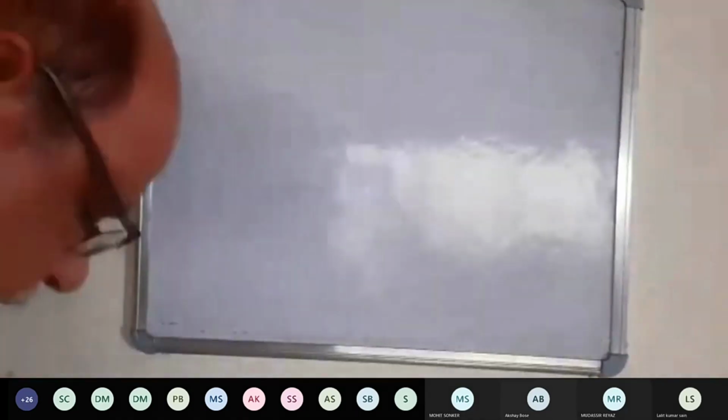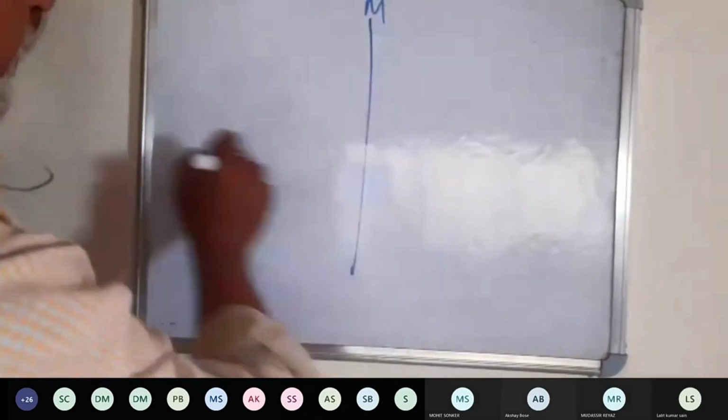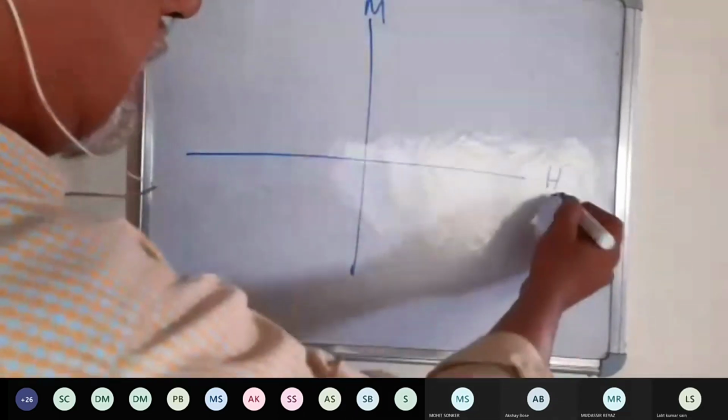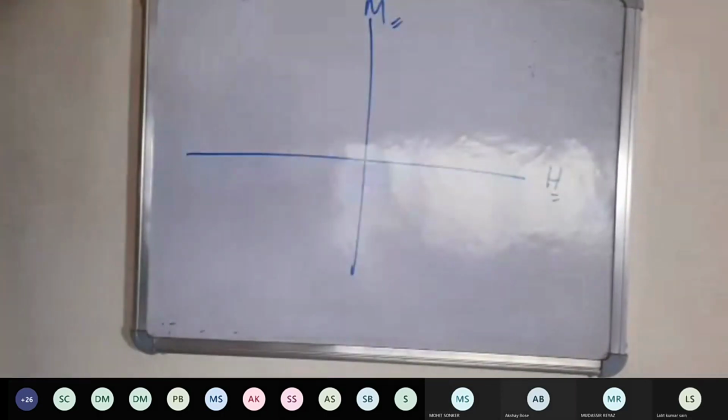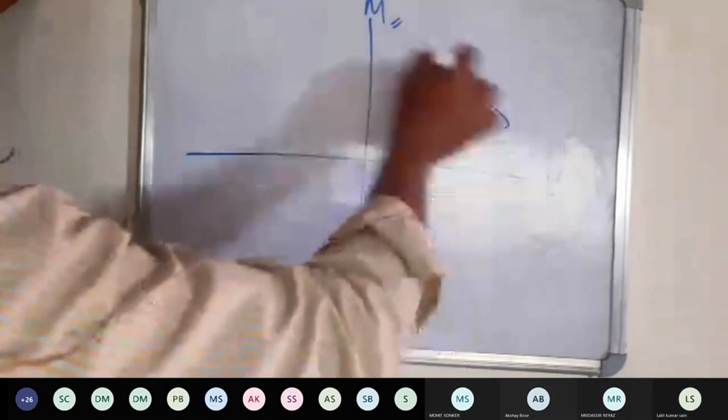So let us think that the gyro is settling down. This H is for horizon, M for meridian. It is settling down.